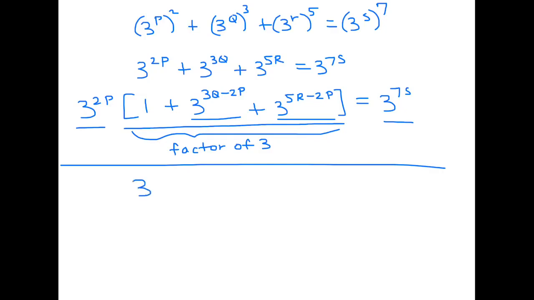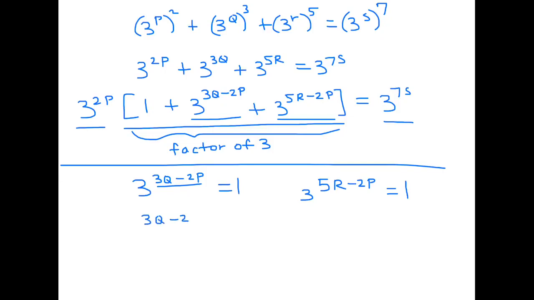So that would mean that 3 to the 3q minus 2p is equal to 1, and 5r minus 2p as the exponent, base of 3, is equal to 1. All right? Now this is only possible if these are zeros, correct? 3 to the power of 0 is 1.